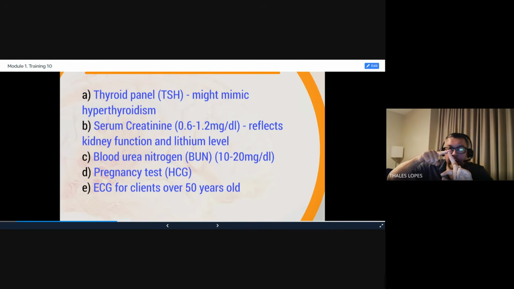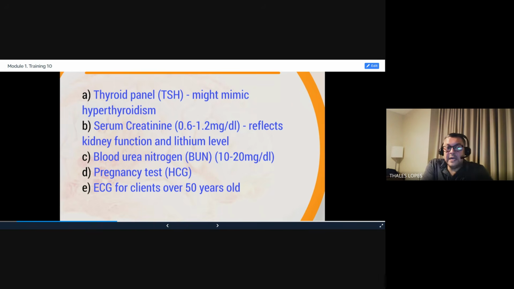But when the thyroid is hyperthyroid, it could mimic mania symptoms. So they are not in mania, but the problem is hyperthyroidism here. Okay, two distinct relationships with the lithium here.